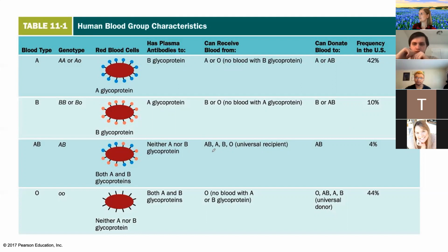You can see here that in the United States, roughly 42% of the population has A blood, and 44% has O. But the smallest percentage is actually with AB. So if you are AB blood type, you're actually quite rare.